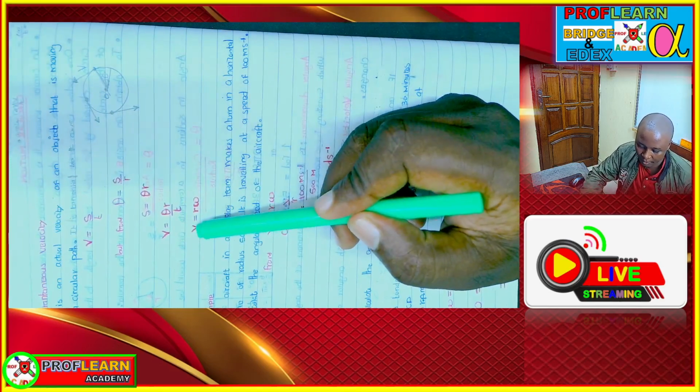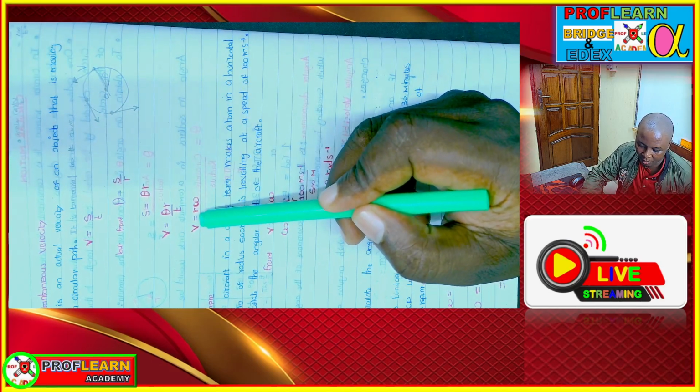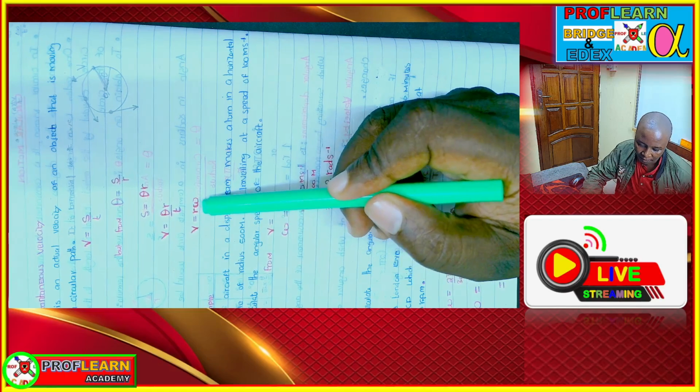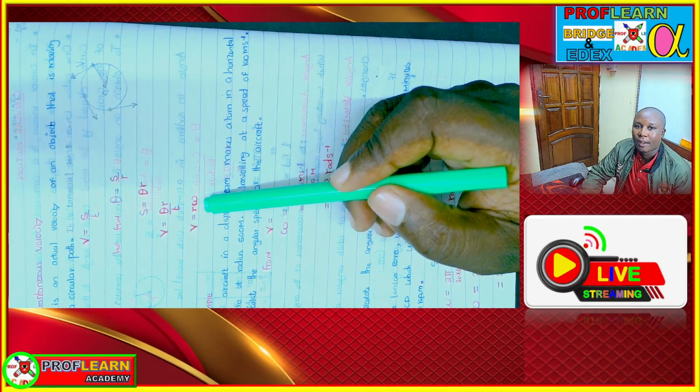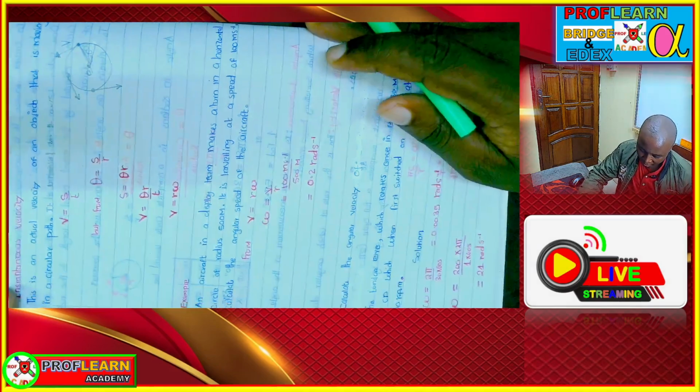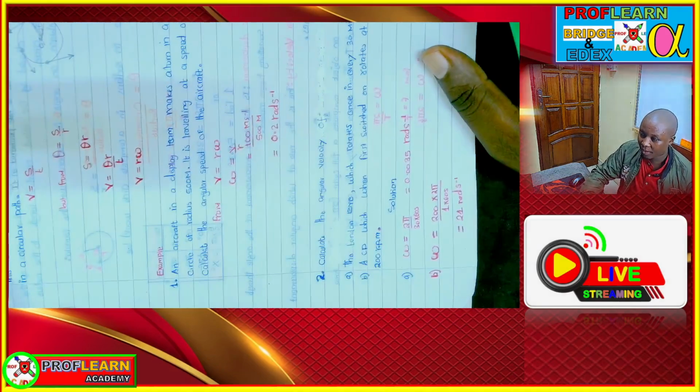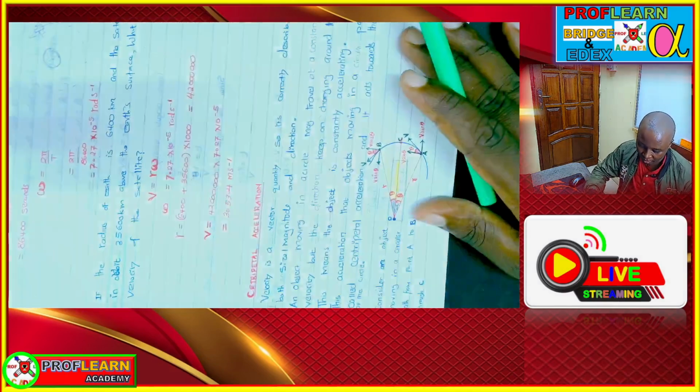So we can say linear velocity is equal to radius times the angular velocity in that case. On that we shall have greater details.